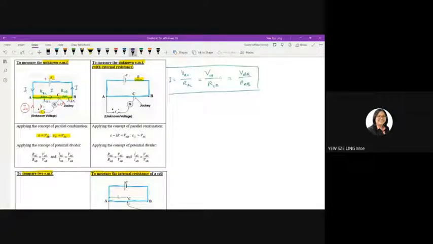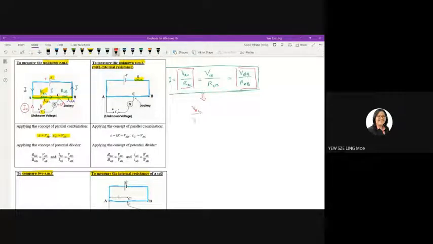Now, since we want to measure the unknown EMF, let us focus on what happens in AC and also AB. CB is not very useful in potentiometer questions, so we can ignore it first. From this relationship, we just take out the two parts that play an important role in potentiometer.